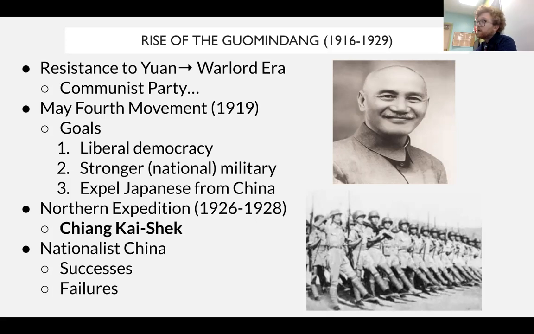And Chiang Kai-shek is going to successfully unify China and end the warlord era. He is going to establish a unified Chinese republic. The problem is, it's going to be a dictatorship. So even though Chiang Kai-shek is going to establish political unity, even though he is going to promote a lot of institutions like labor unions and peasant associations, he is going to be a dictator.